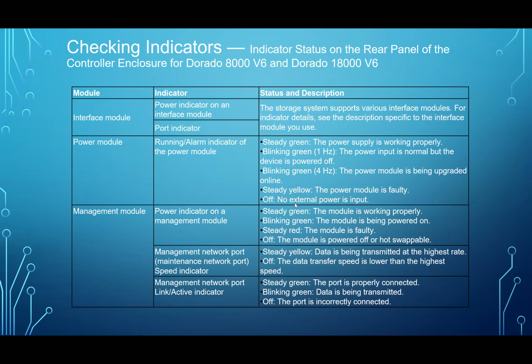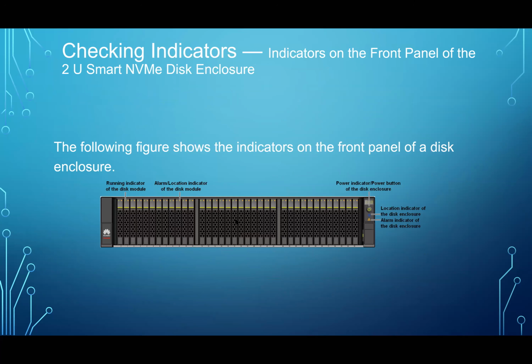And then again, the table with the specifications. The last thing I want to present to you about the indicators is for the 2U Smart NVMe disk enclosure. It's a 2U enclosure, and it looks like the 3000 V6.